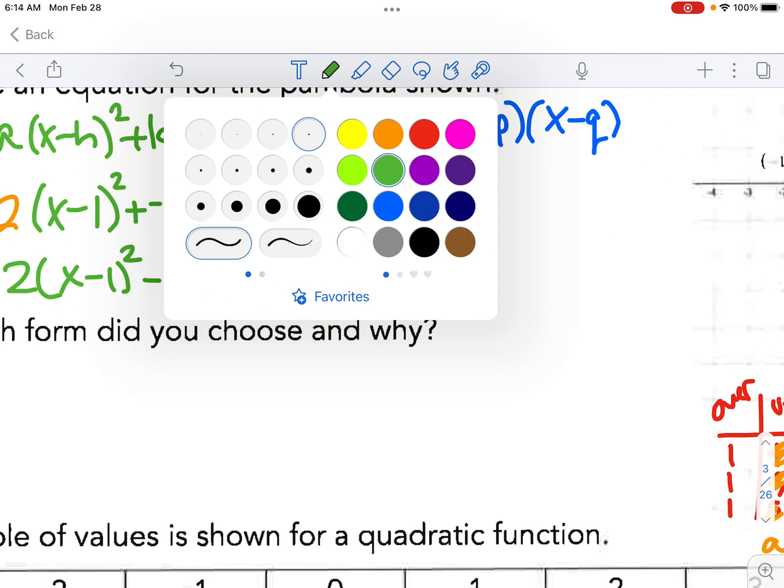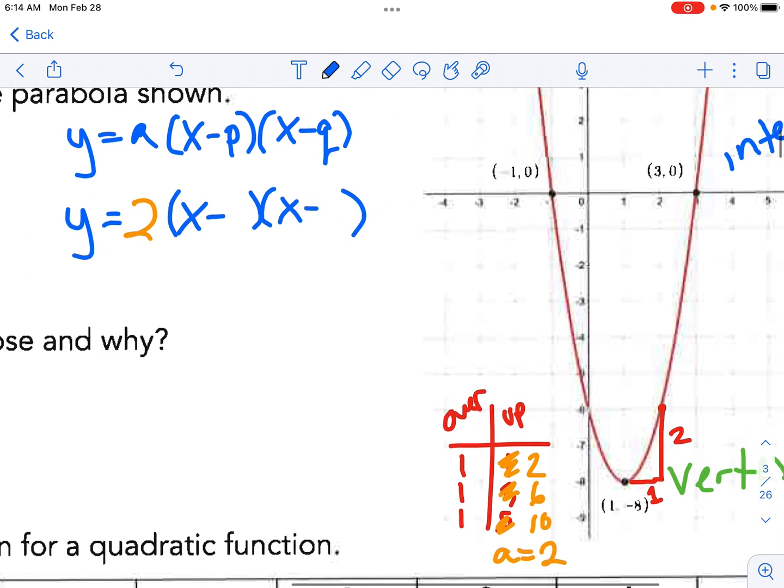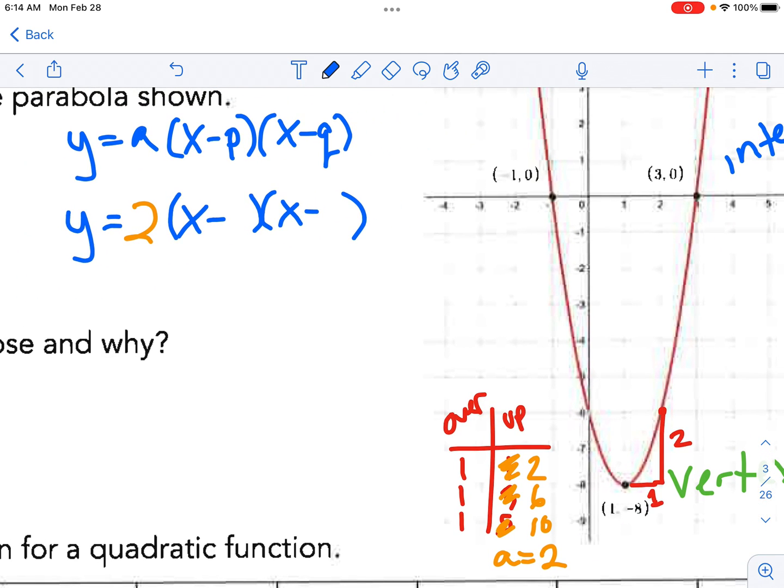Now let's look at the intercept form. So we got our 2, we got our x, and we need our p and our q. It looks like our p is negative 1, it's right here, and our q is 3. And those are interchangeable. Cleaning that up, this is x plus 1, times x minus 3, since minus negative is a plus.